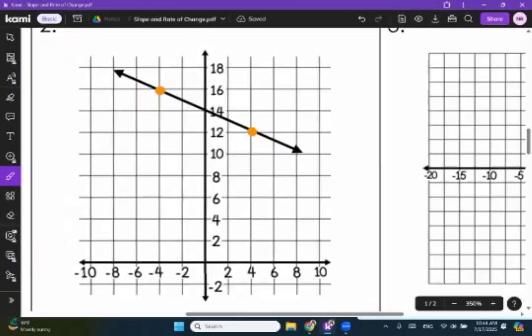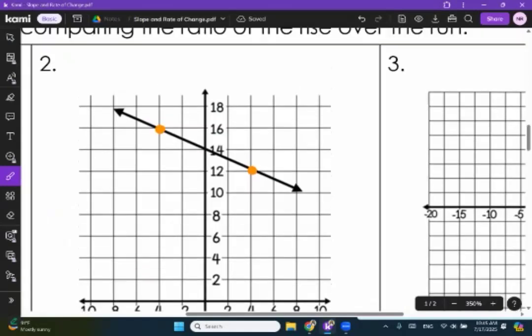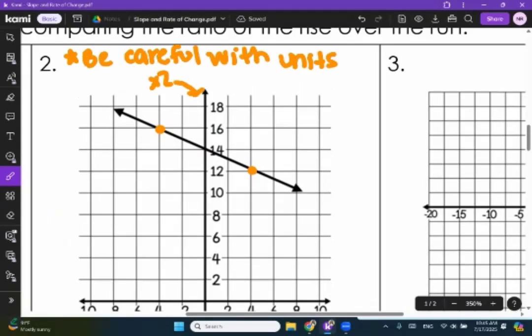Now, one thing you will also need to pay attention to is, if you look at your y-axis, what happens? Our units are counting by 2s, so you want to be careful with units. Be careful with those units, all right?